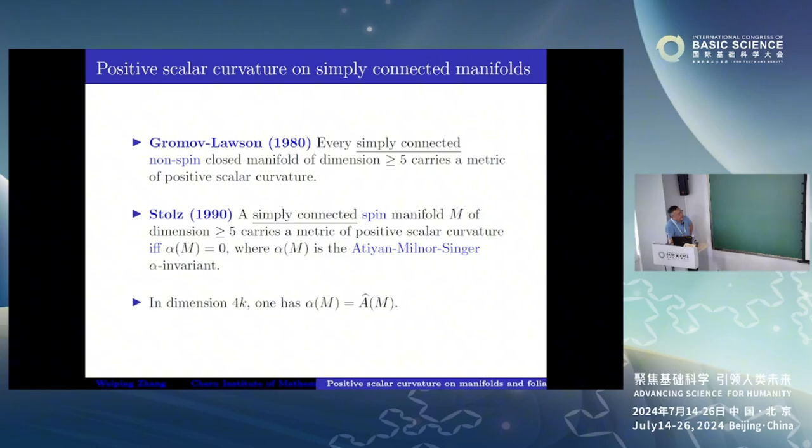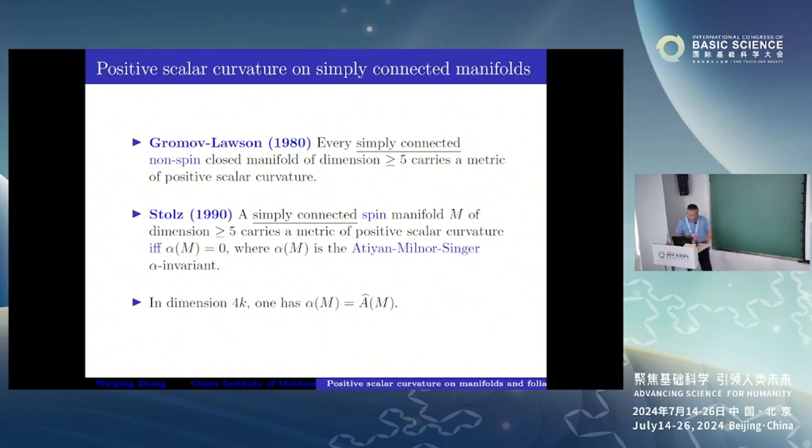If it is non-spin, then Gromov-Lawson says there always exists such a metric. And if it is spin, then Stolz gives the equivalent condition. In dimension 4k, this index gives a sufficient and necessary condition. So this is for simply connected manifolds.